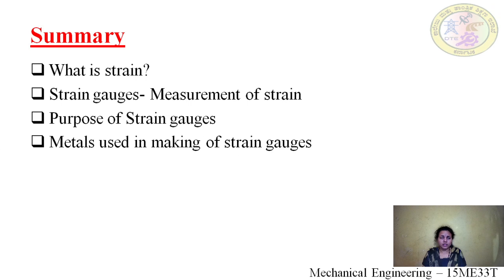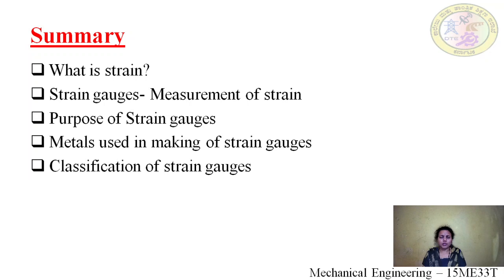The next, we saw some of the metals used in making strain gauges like constantan, nichrome, platinum alloy, dynamo alloy, copper nickel, nickel chrome, iron nickel, modified nickel chrome, and so on.